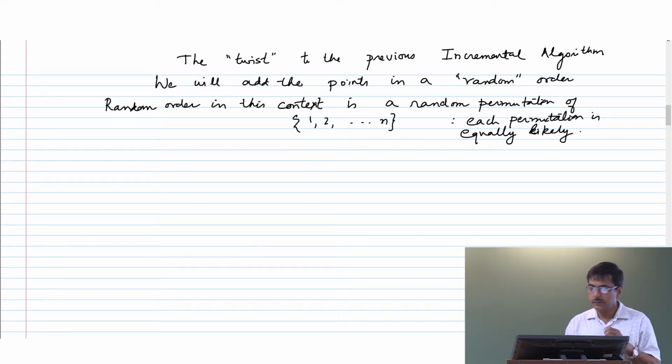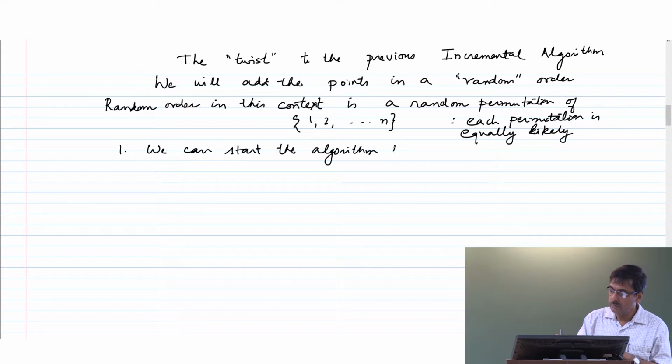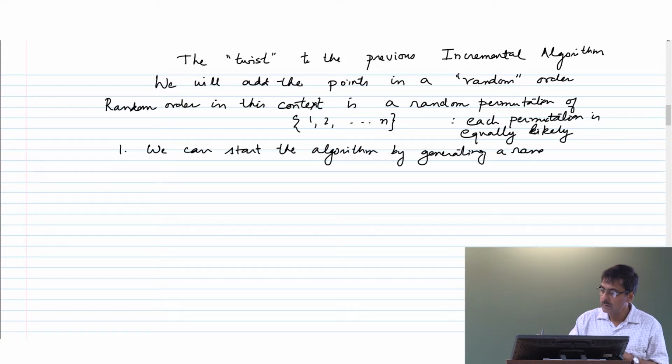Just to emphasize this point, one possible way is we can start the algorithm by generating a random permutation and add the points in the same order.